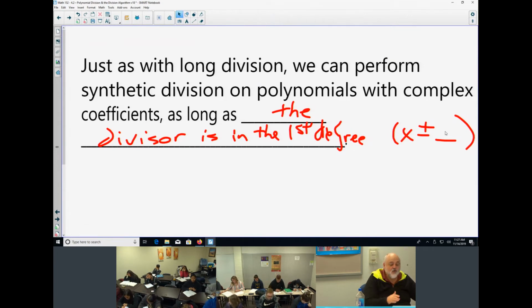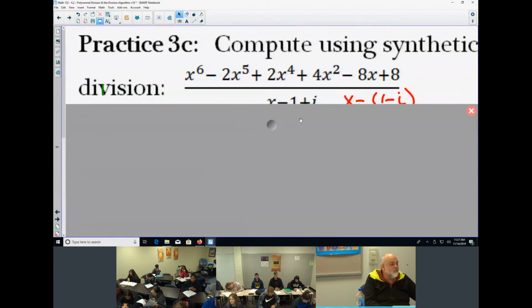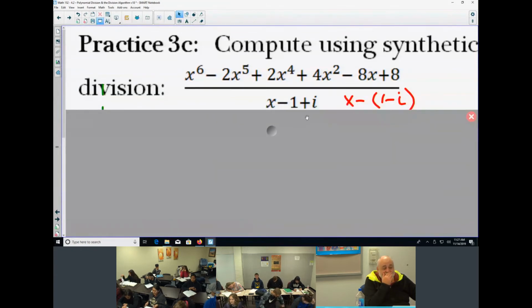So you're not required to do synthetic division on something like this. You can just do the polynomial division like we did back in practice 2C. But I'm going to go ahead and show it with synthetic division, and then you can copy it down and decide if you want to use that or not. You're not required to know this, okay?